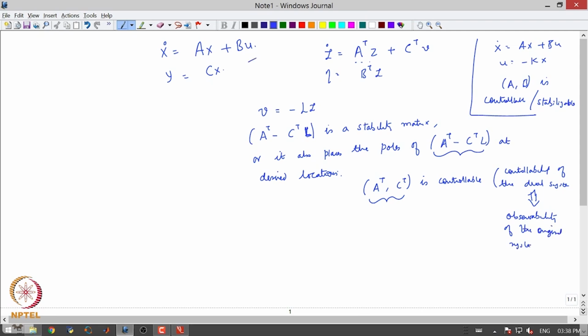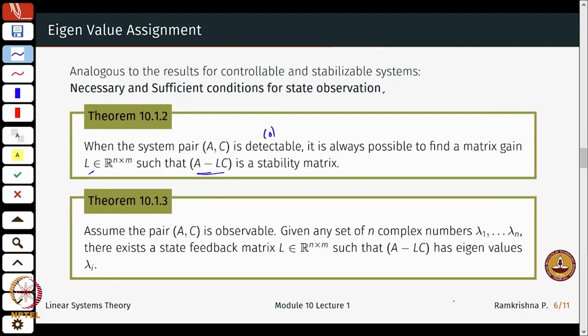This is my original system, and this I can call my dual system. So a necessary and sufficient condition for this observer design is that the pair AC is observable, or at least detectable. That is what this result tells us.